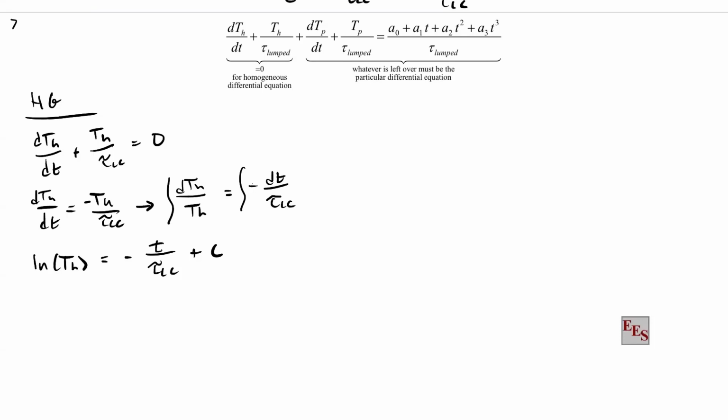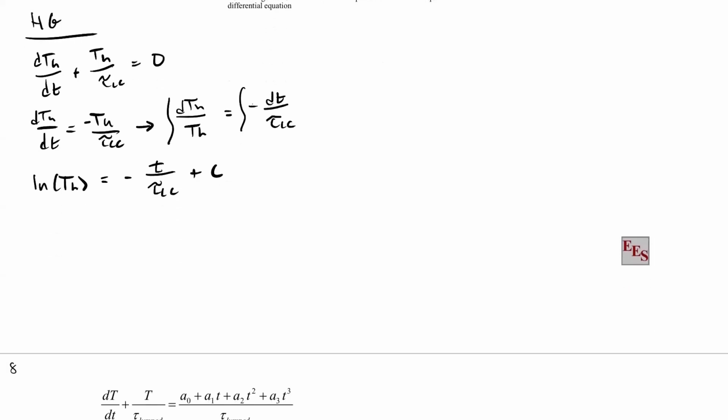To find the solution, by inspection, we take the exponential of both sides. The exponential of ln just gives the argument, so Th is equal to the exponential of minus t over tau LC plus some constant.